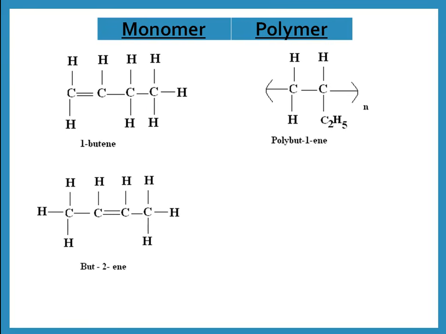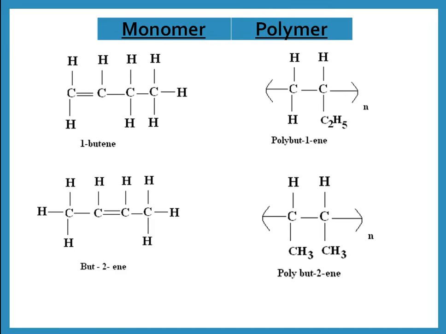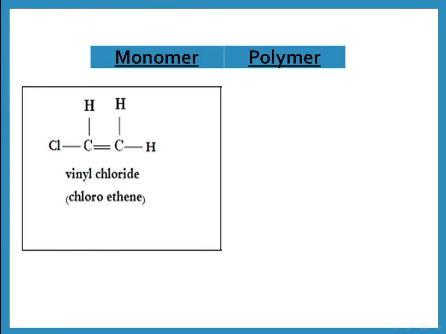For 2-butene, I look at the 2 carbons that have the double bond. I write them with a single bond, bond on this end and bond on the other, and then I see what each carbon that had the double bond was bonded to. So this first carbon is bonded to a hydrogen and a carbon that has CH3. The other one is bonded to a hydrogen and a carbon that has CH3, so I end up with that product. This is the same as what we did for O-level.